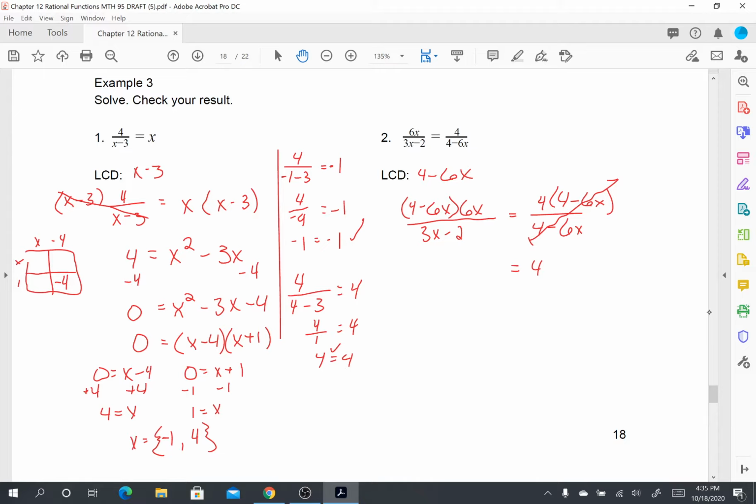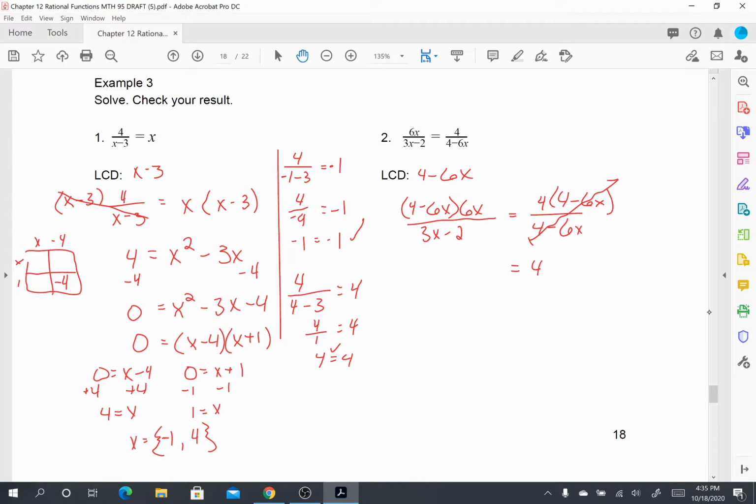Now what's going on over here? Let's see. I can see some things in common that maybe I could cross off. I'm looking at that 4 minus 6x, and I'm thinking about how I can get it to cancel out with anything going on in the denominator.